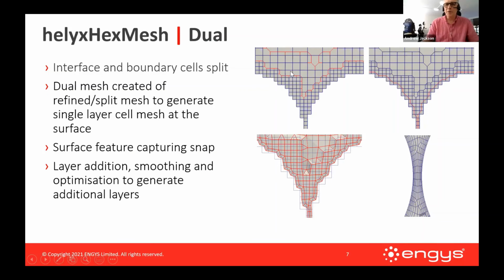When the dual is created, it creates a layer mesh on the surface. This is then snapped to the surface, and then the single layer we can subdivide into as many layers as we want. We also add a lot of optimization to make sure that the quality at the end is good enough to run.